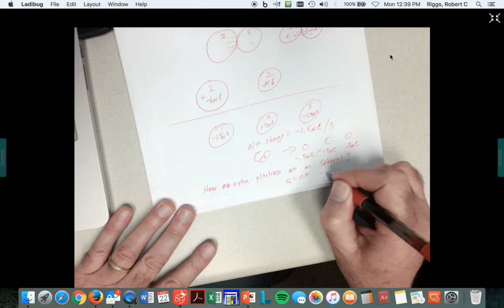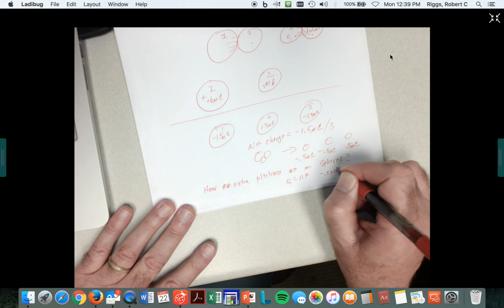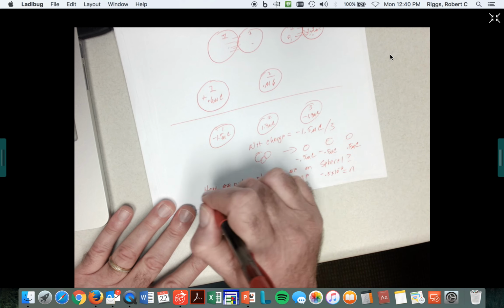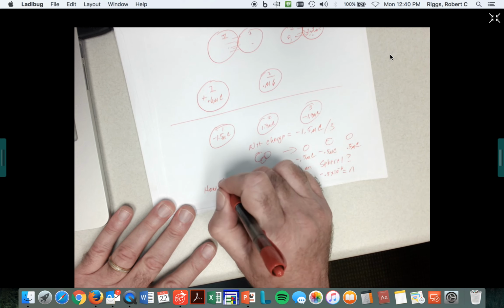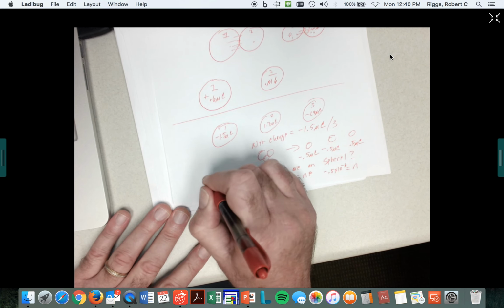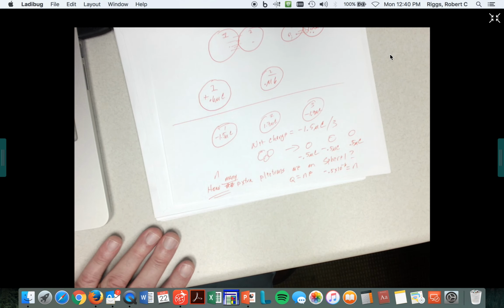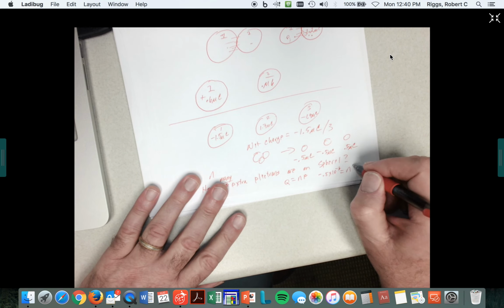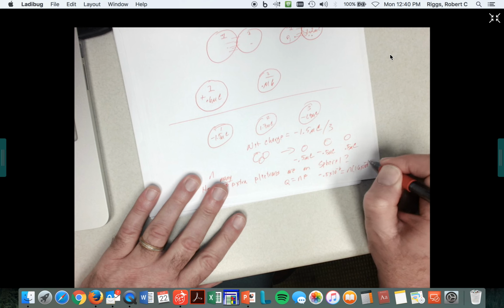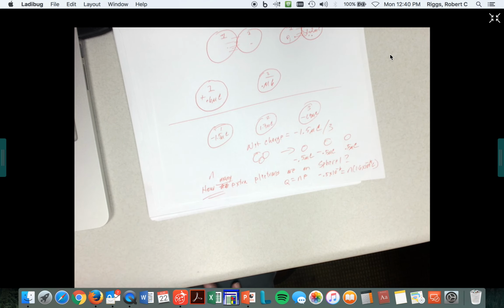The amount of charge is negative 0.5 times 10 to the negative 6, which is equal to N, the number, times 1.6 times 10 to the negative 19 coulombs. Whenever you're asking how many, this is N, remember. All right, so that's not bad. I'm going to stop on that.